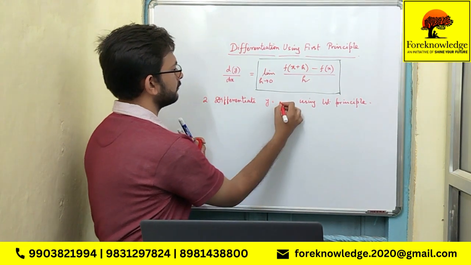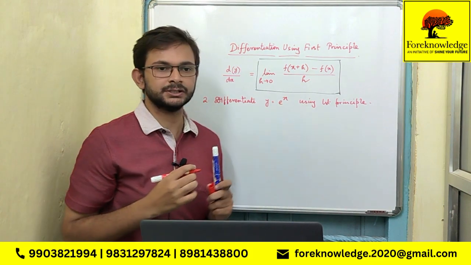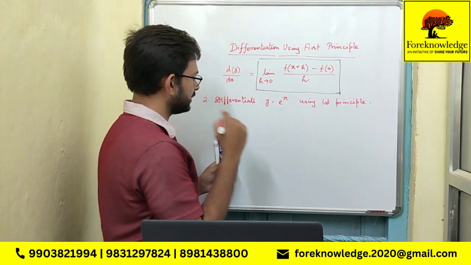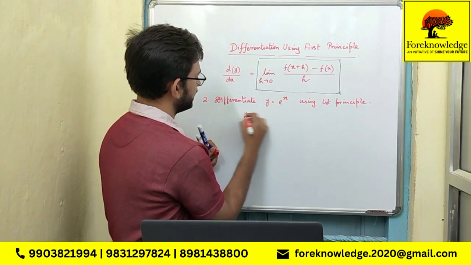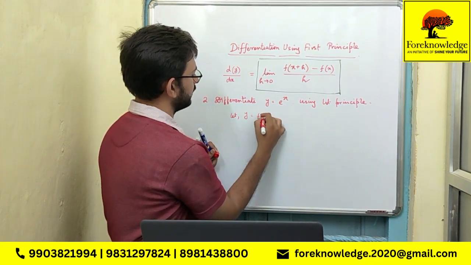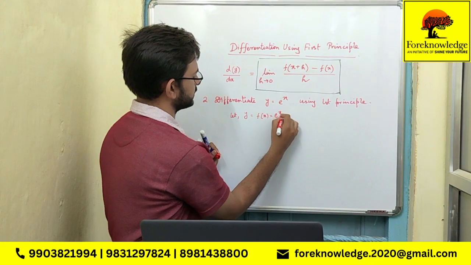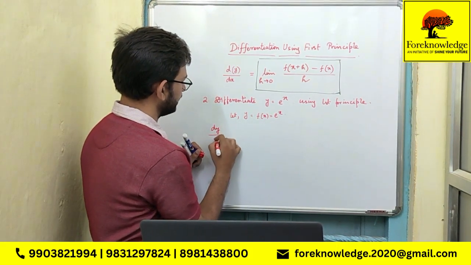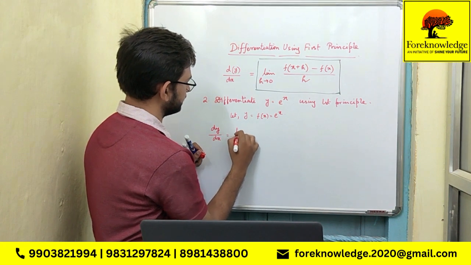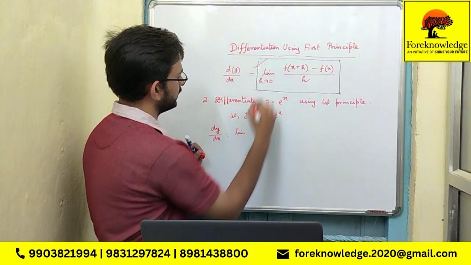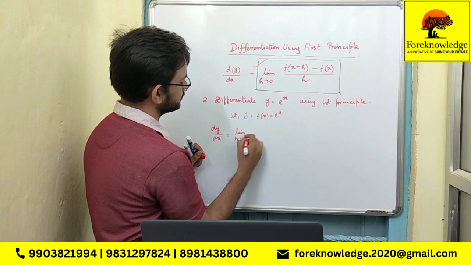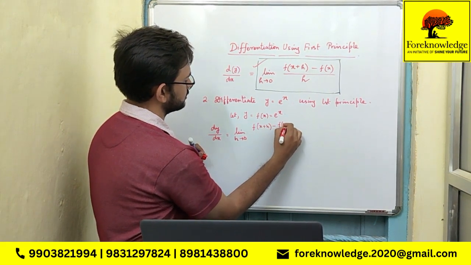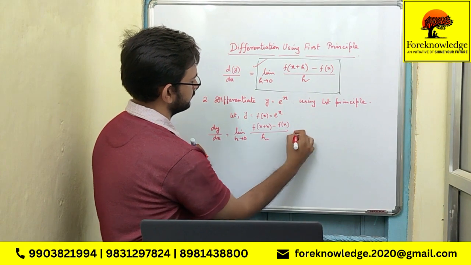Differentiate y equal to e to the power x using first principle. This is the second problem. The first step is the same. Let y equal to f(x) equal to e to the power x. Now we are to calculate dy/dx using first principle, so use the formula limit h tends to 0 of (f(x plus h) minus f(x)) by h.